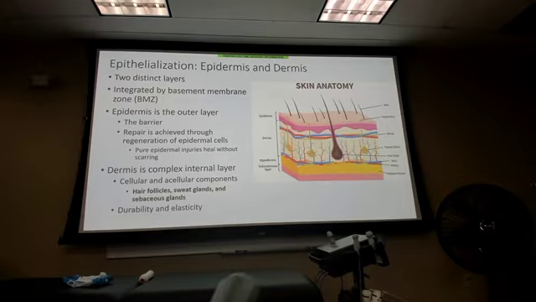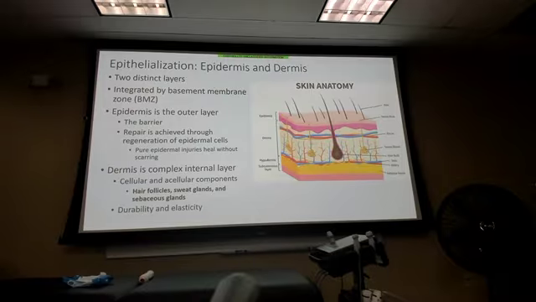So we need to know the layers of the skin in order to identify how deep this burn goes, so that we can identify the actual degree of burn and then what the treatment should be. All you guys remember the epidermis and dermis, the first two layers of the skin, integrated with the basement membrane.